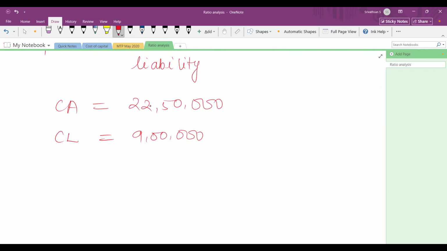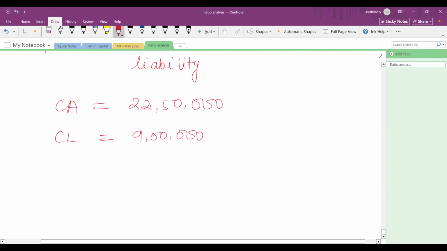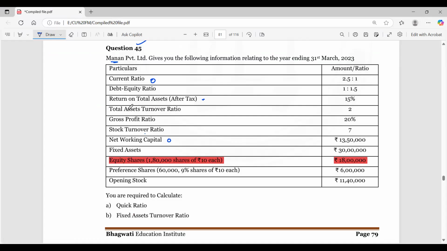Next, we will do the total asset turnover. Before that, everyone done till this point? Any doubt? Did everyone get these two numbers? Got it? Correct. I will do from total asset turnover.